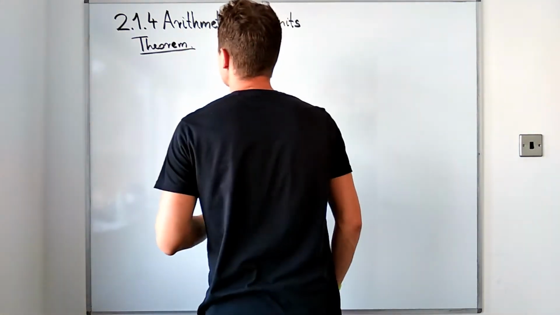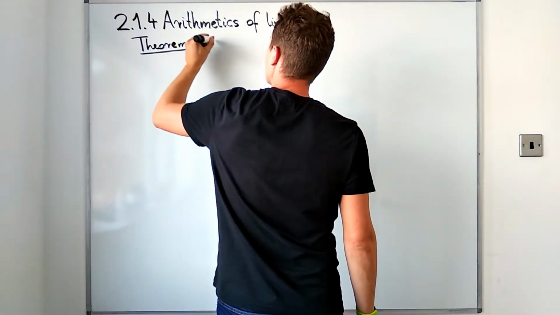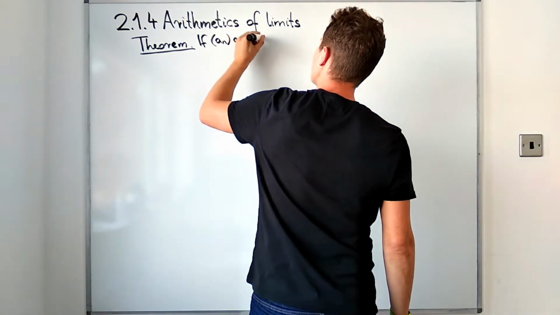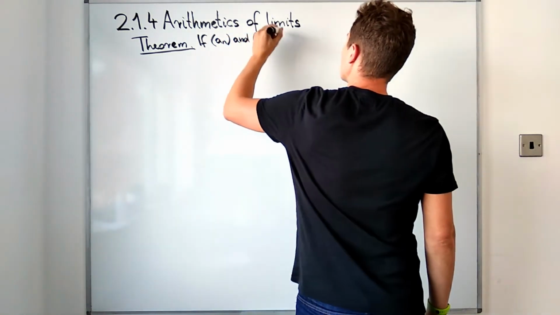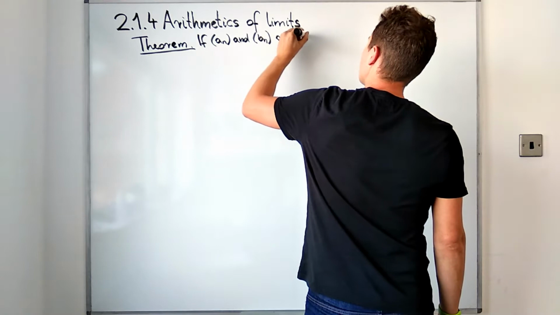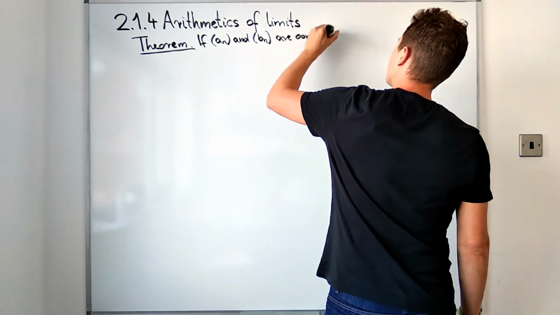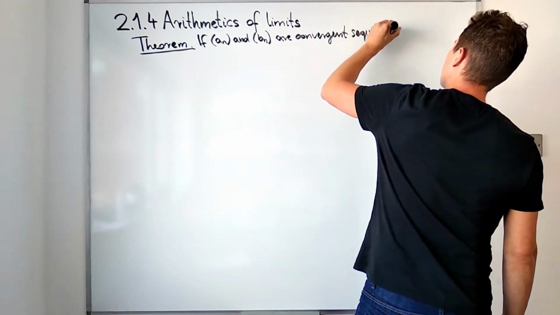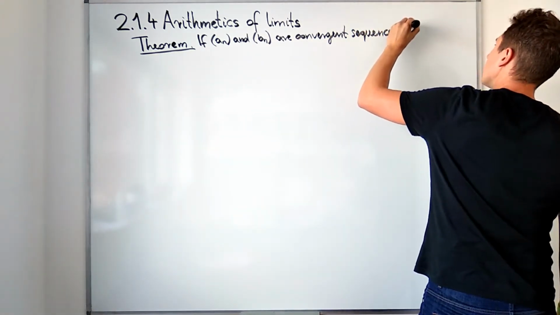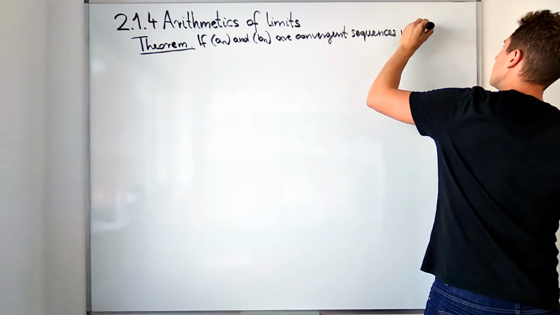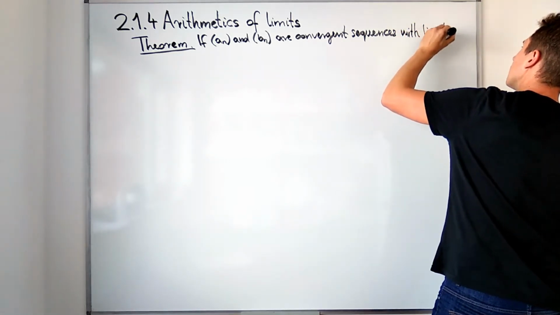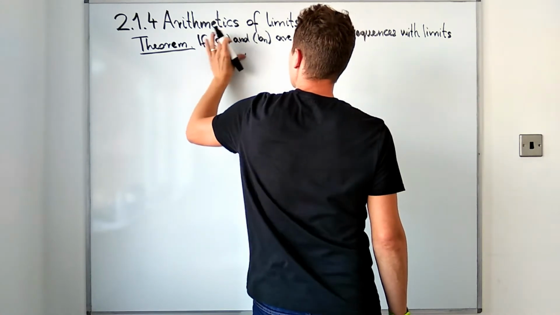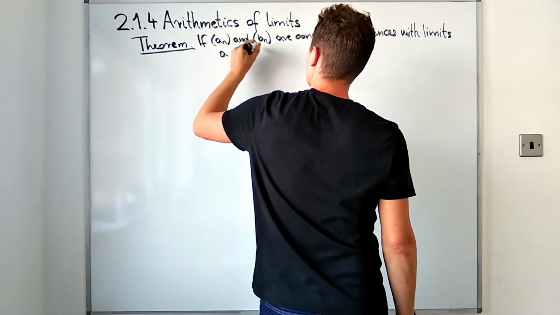which says that if an and bn are convergent sequences with limits a and b respectively.